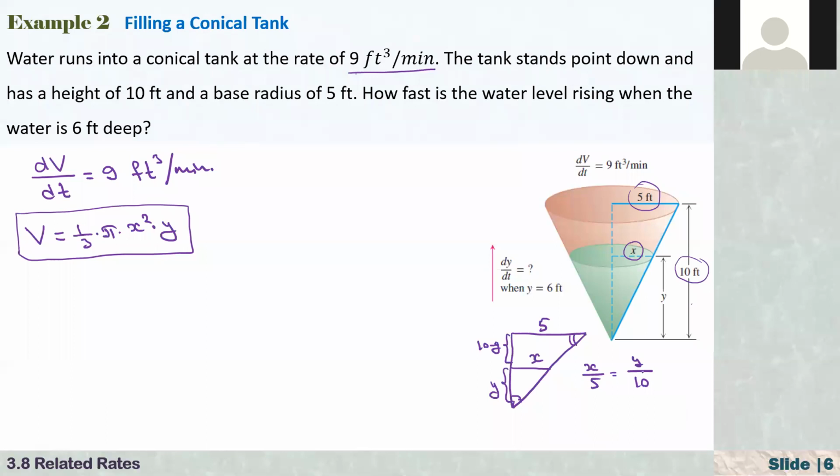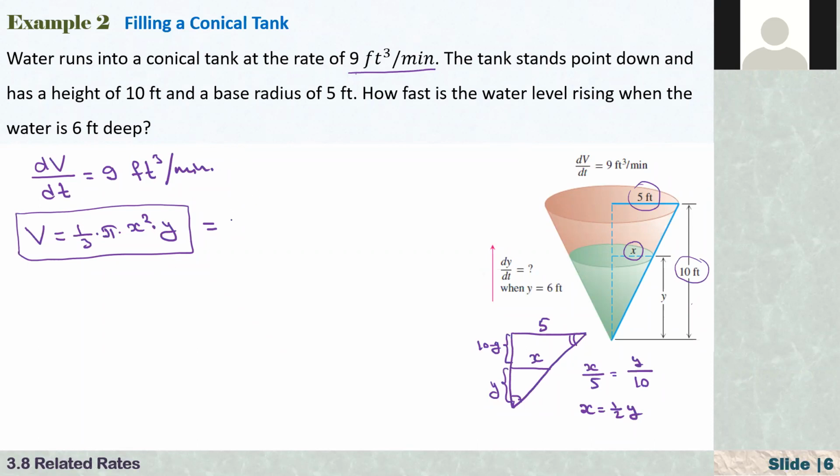That means we need to find y. So I'm going to express y in terms of x. So what is y here? y is 2x, okay? So that's how these two things are related to each other. Then in this equation, I will have that thing. No, actually, I need to express x in terms of y because we need to find dy/dt, right? From here, x is equal to 1/2 y.